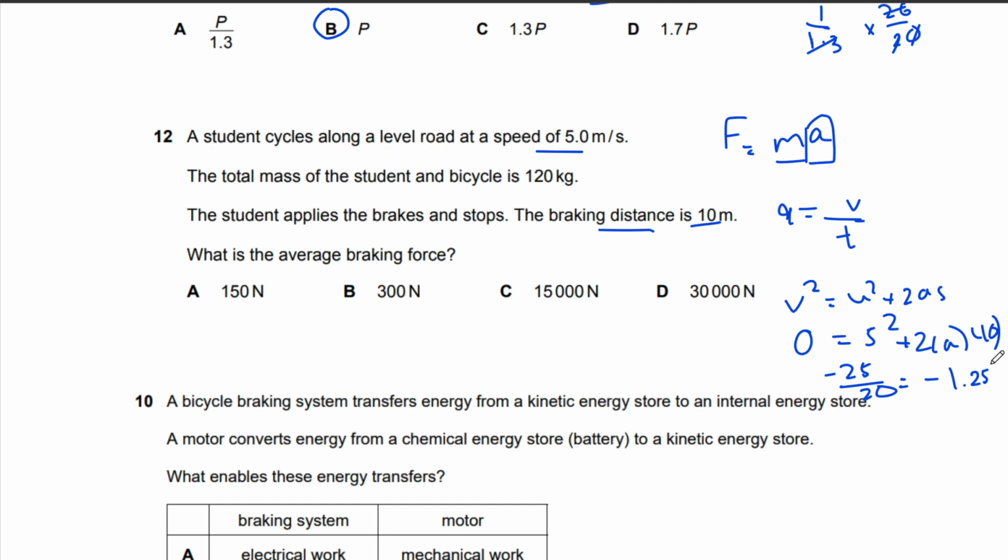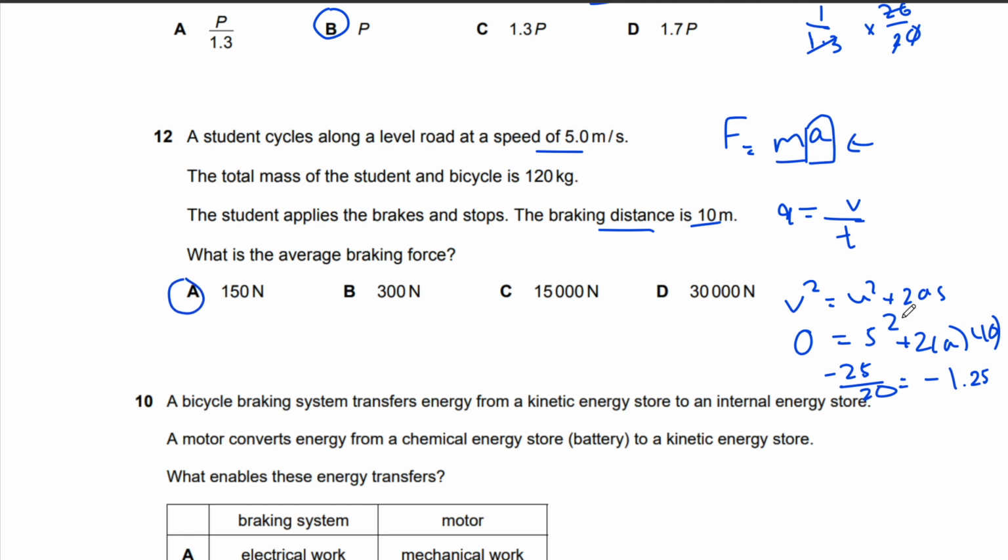If you put that in this equation, force, 1.25 times 120, is going to be 150 newtons.